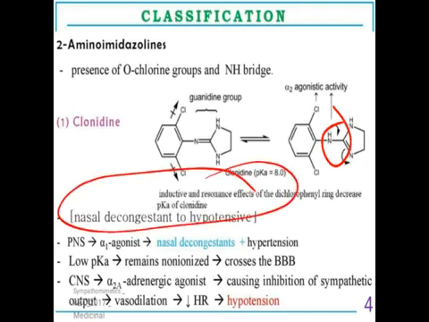It has a low pKa value, so it remains non-ionized and can cross the blood-brain barrier easily. To cross the blood-brain barrier, the drug should be in unionized or lipophilic form. Due to the low pKa value, clonidine remains in the non-ionized form, and hence it can cross the blood-brain barrier easily. So it produces alpha-2 activity in the CNS.